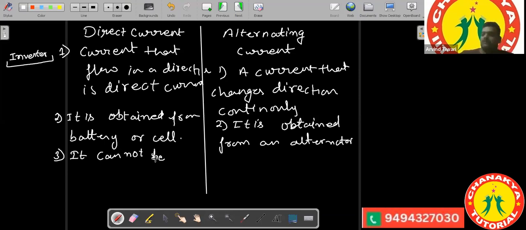So direct current cannot be transmitted for larger distances, and that is the reason we are using AC current at home. DC cannot be transmitted to long distances, whereas AC can be transmitted to long distances.